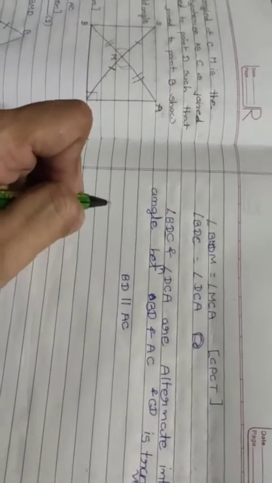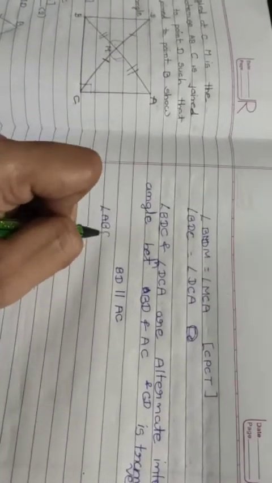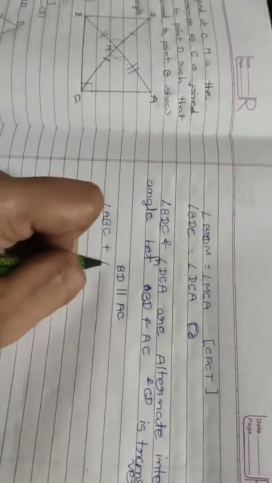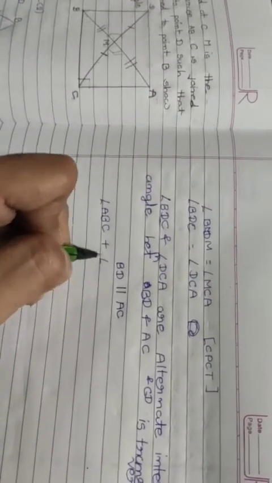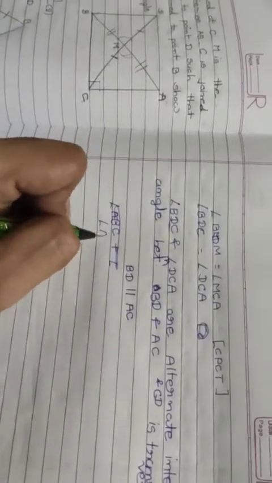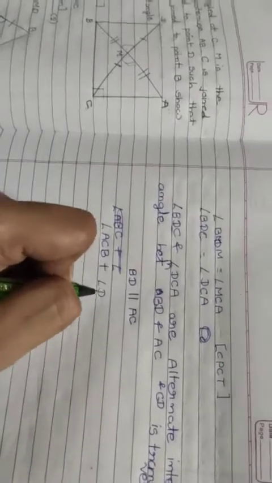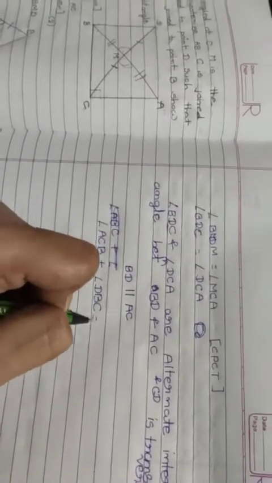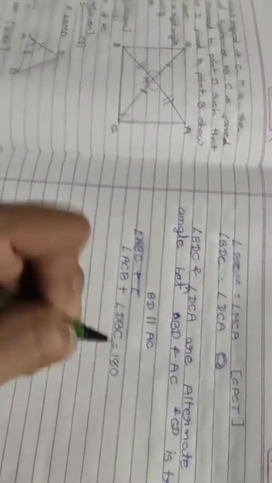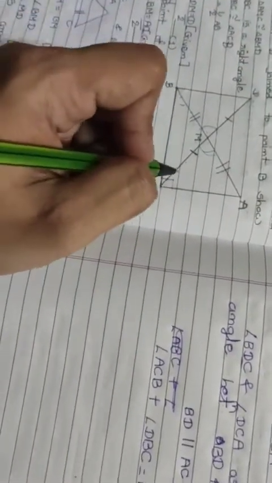If BD is parallel to AC, then angle ABC plus ACB plus DBC is equal to 180, because these two lines are parallel and these two angles are angles on the same side of a transversal.